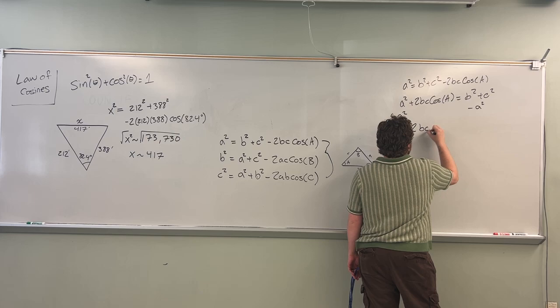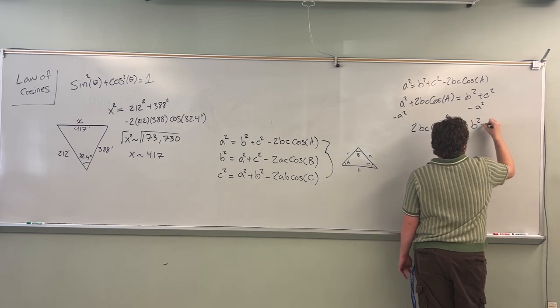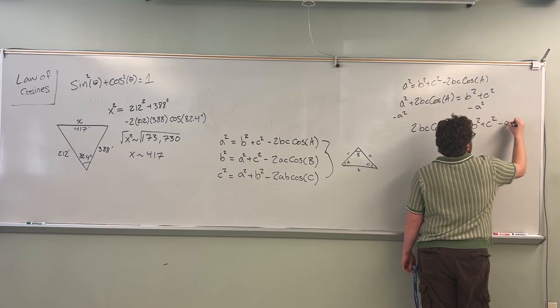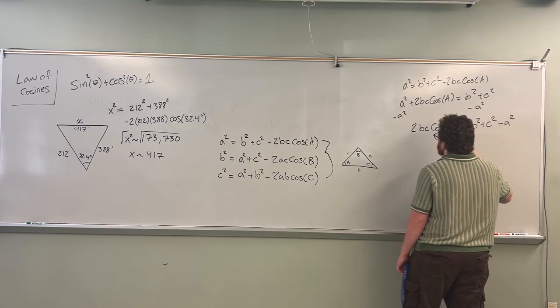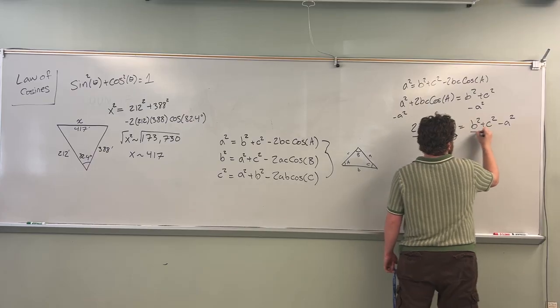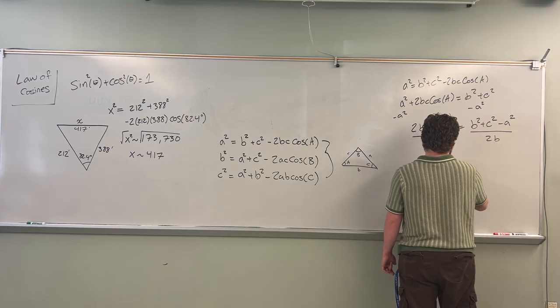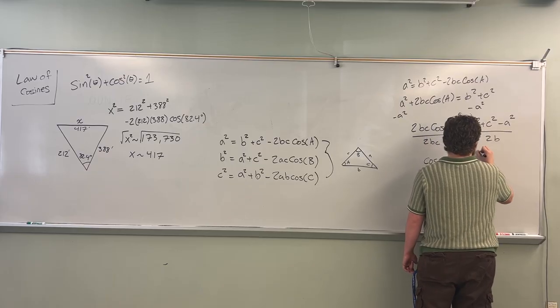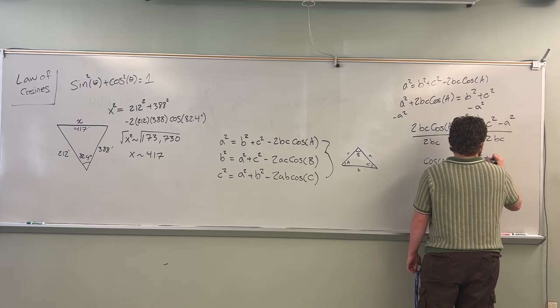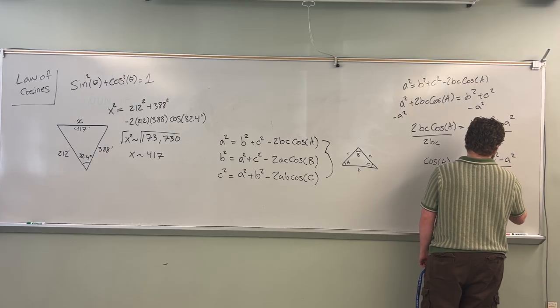So I get 2bc cosine of A equals b squared plus c squared minus a squared. And then I can divide by this 2bc. So you get cosine of A equals b squared plus c squared minus a squared over 2bc.